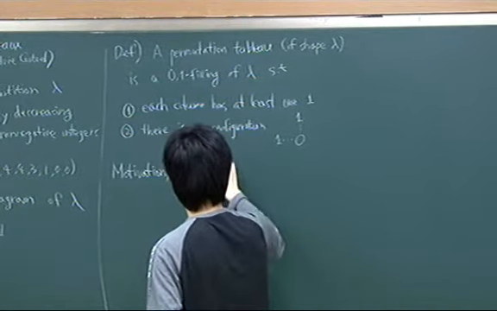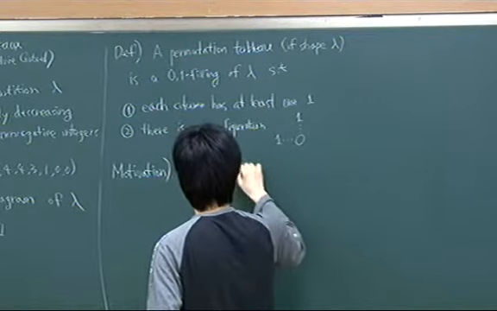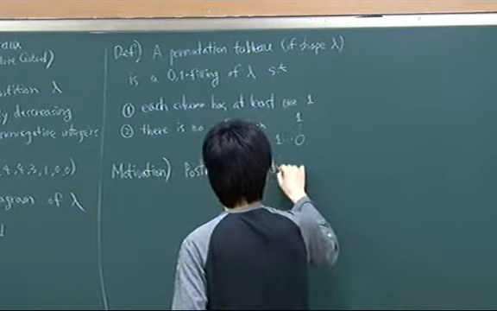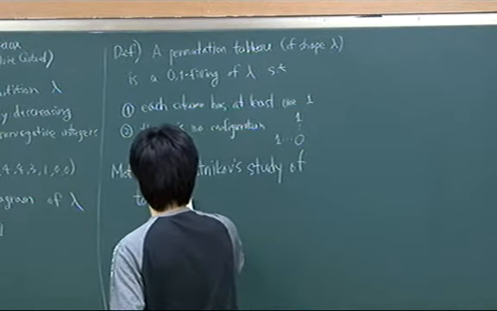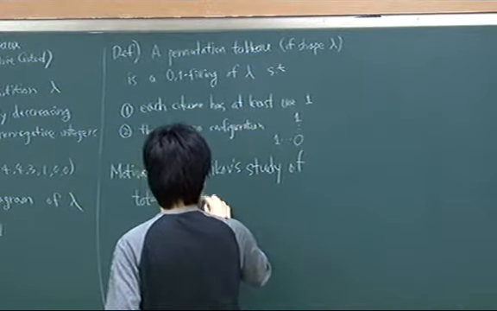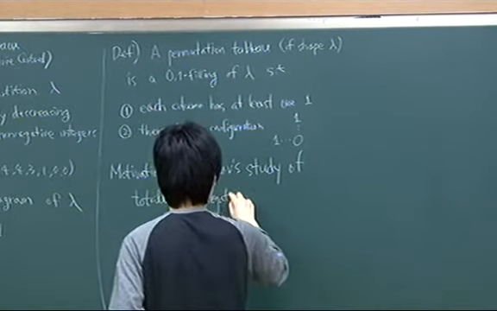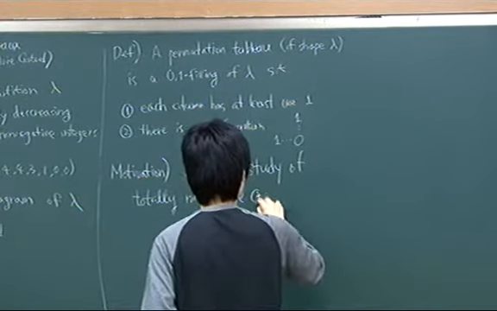It's Postnikov's study of the totally non-negative Grassmannian.